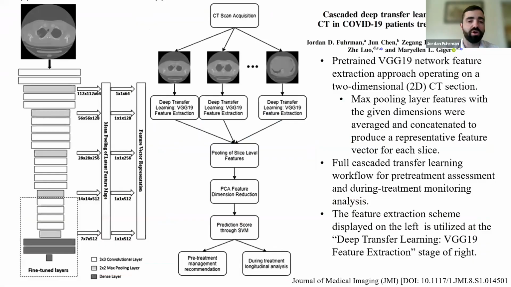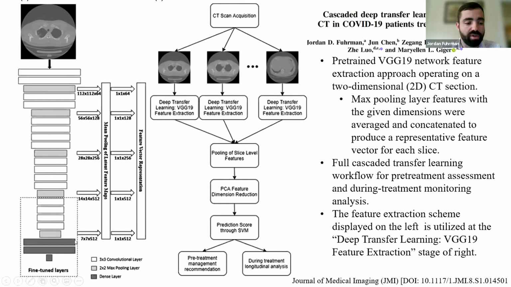So to give you an idea of how this actually works, we have these two figures here. On the left is the architecture that actually extracts information from the images, and here in the middle of the slide is the overall workflow for a given case. To walk you through this, we have an individual CT slice that's put into the VGG19 architecture shown here.